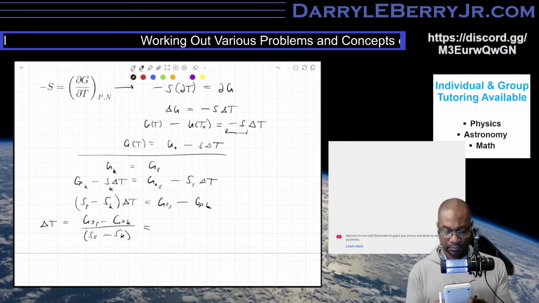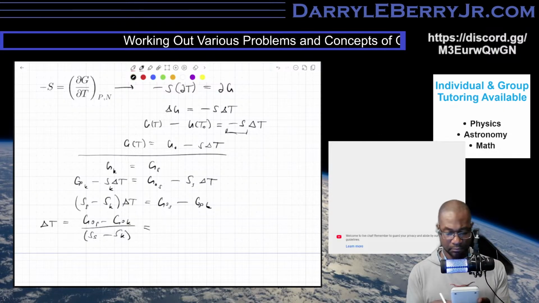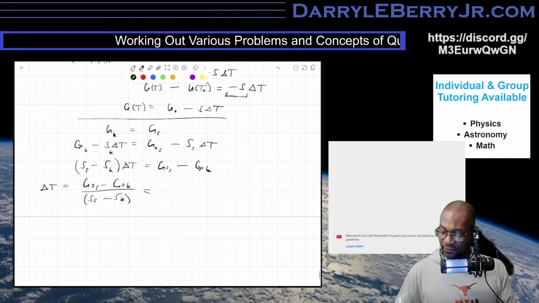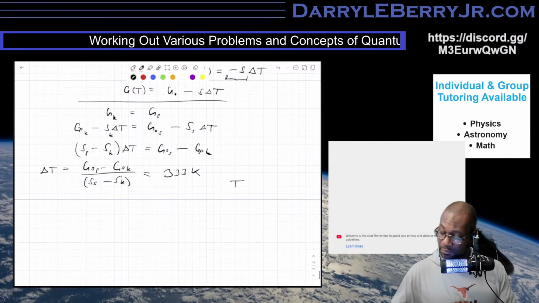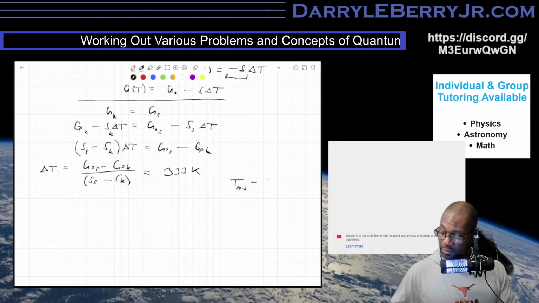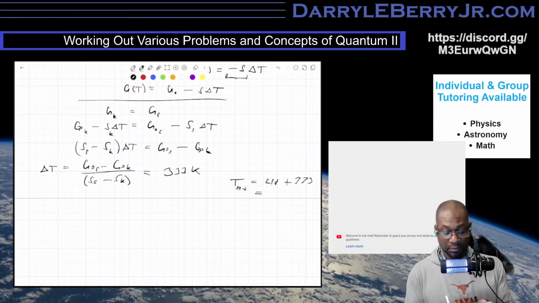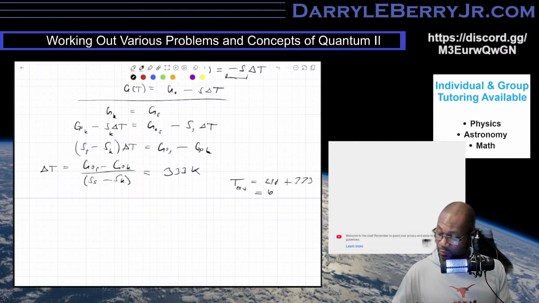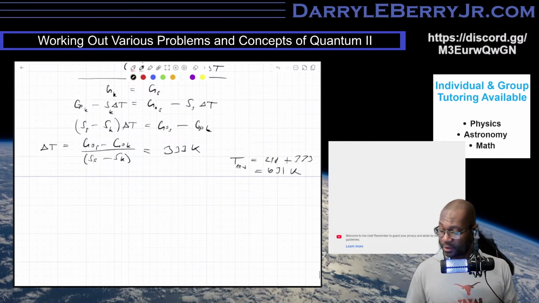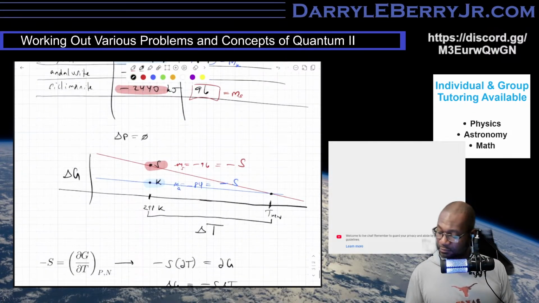Yep. We have 333 Kelvin. So T new equals 298 plus 333, which equals 631 K, which is bigger.